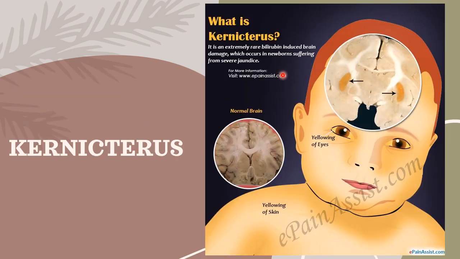Ito na yung slide. So your kernicterus, once again, is caused by excessive bilirubin levels in the blood. Okay. If the patient was given sulfonamides, yung sulfonamides natin can displace your bilirubin from your albumin. Okay? And the excessive bilirubin in the blood can be deposited in the brain. Okay? And this will cause mental retardation in the patient.